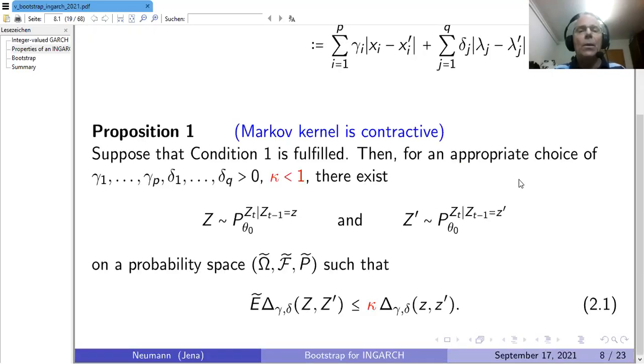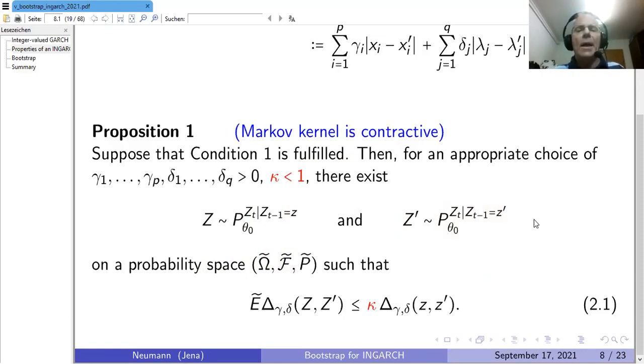And we can now define random variables Z and Z prime. Z has this distribution, a conditional distribution of C_t given that C_{t-1} equals c, and Z prime follows that distribution, a conditional distribution of C_t given C_{t-1} equals c prime.